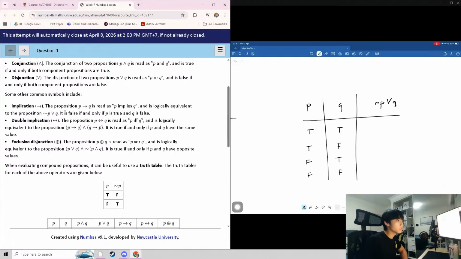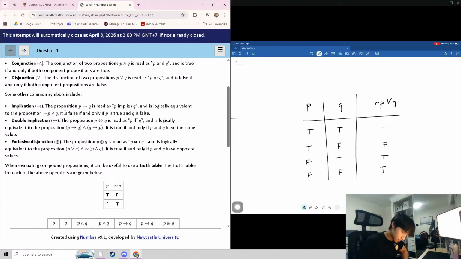So it says it is false if and only if P is true and Q is false. So this is the only time when it's false. Okay, let's write that down. False. The rest is true.